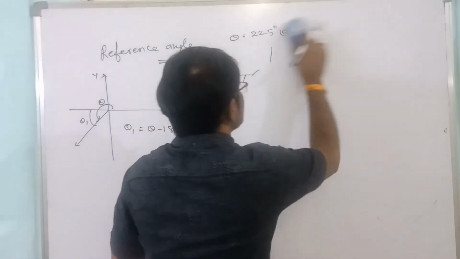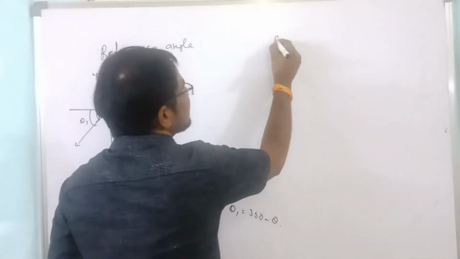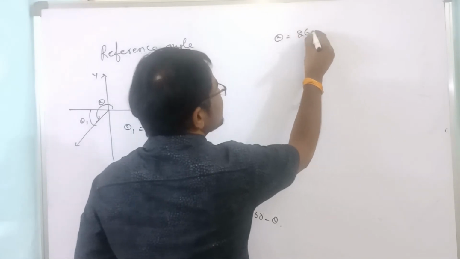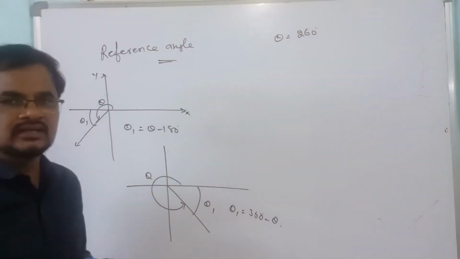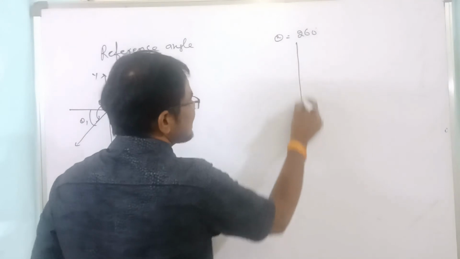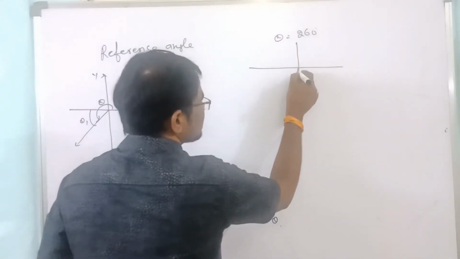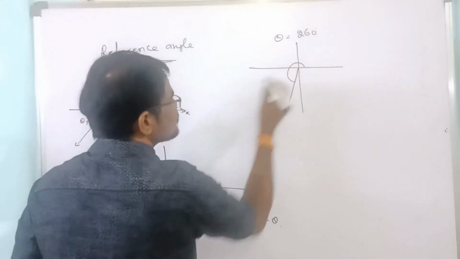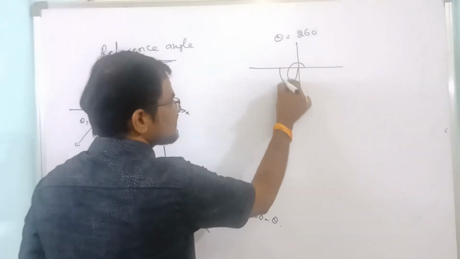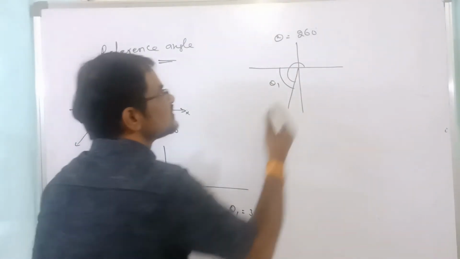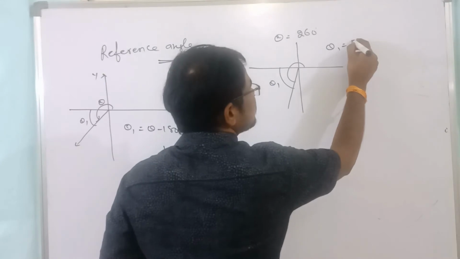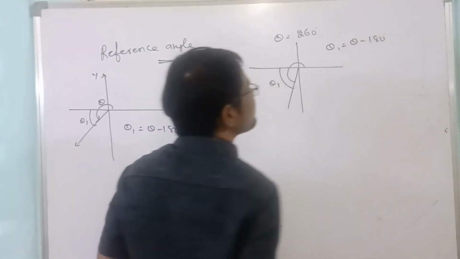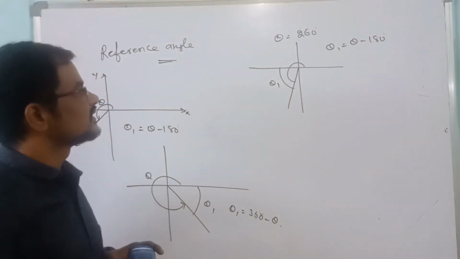Next, suppose theta equal to 260 degrees. What is the reference angle? So 260 degrees lies in third quadrant, like this. So this is 260. So this is reference angle theta 1. So theta 1 equal to theta minus 180, right?